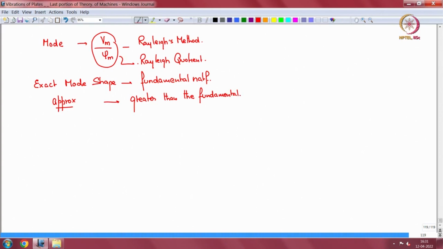That's all we have got. We don't know where the other frequency will be in relation to the actual second natural frequency or the third natural frequency and so forth. All we know is that if we are not exact in terms of the first mode, then our estimate is higher than the actual value.